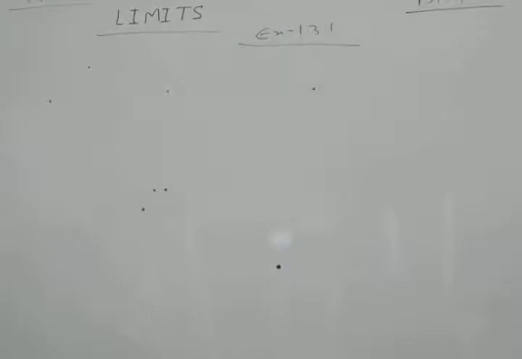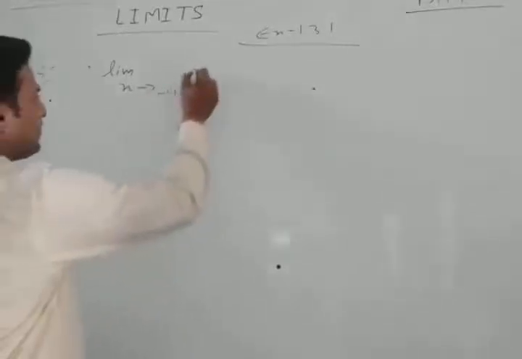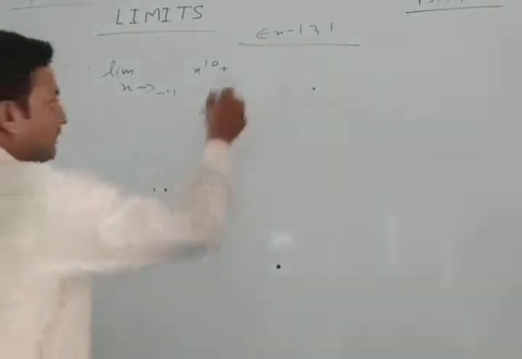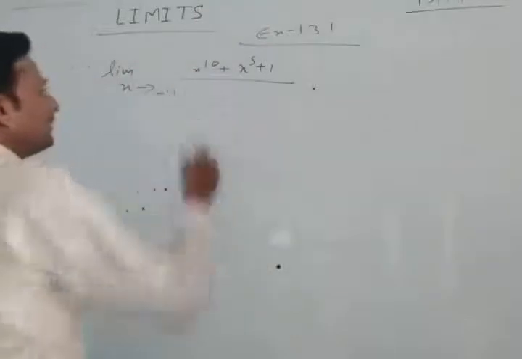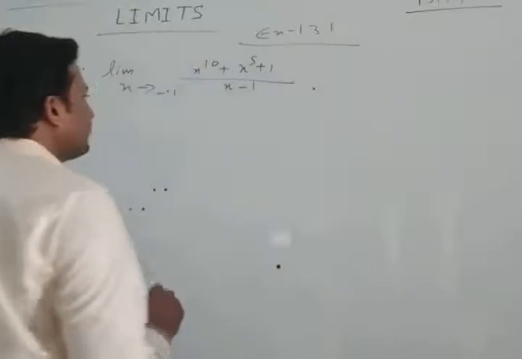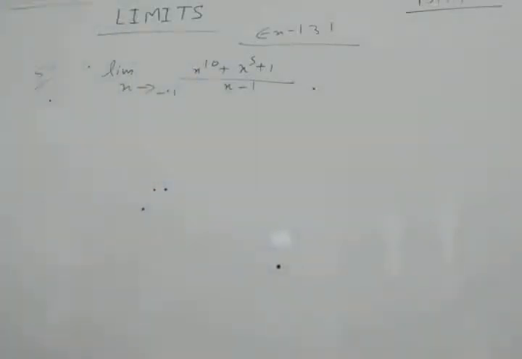Now the next question, fifth, is limit x tends to minus 1 of x to the power 10 plus x to the power 5 plus 1 divided by x minus 1. Now we have to find the value of this limit.